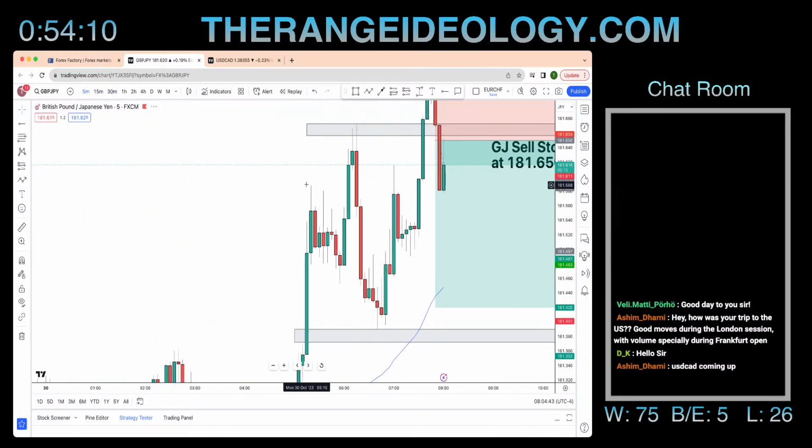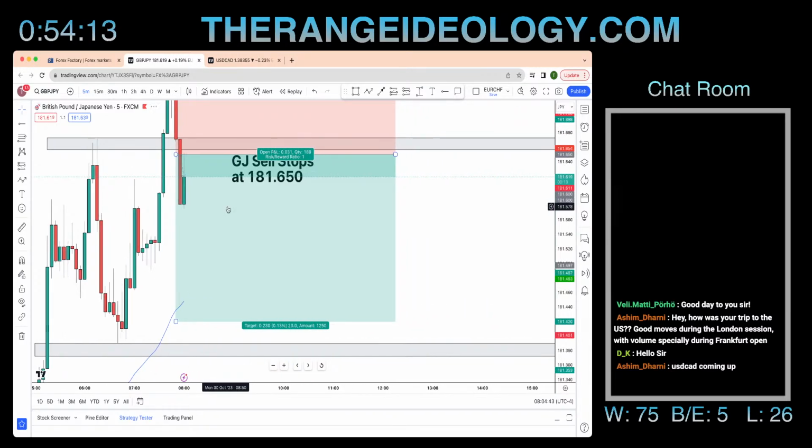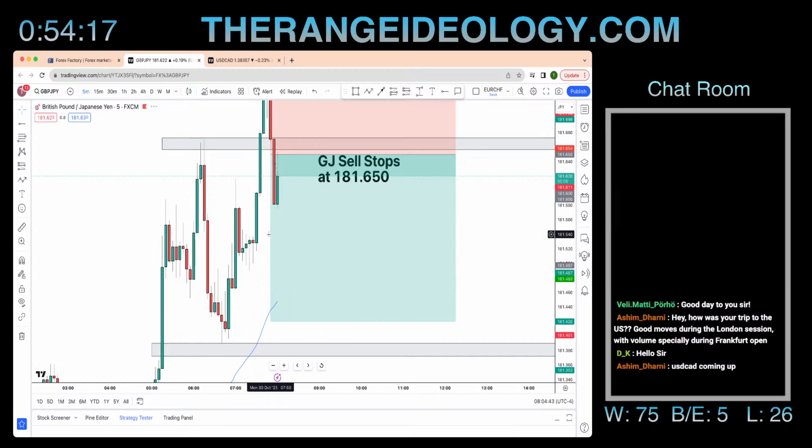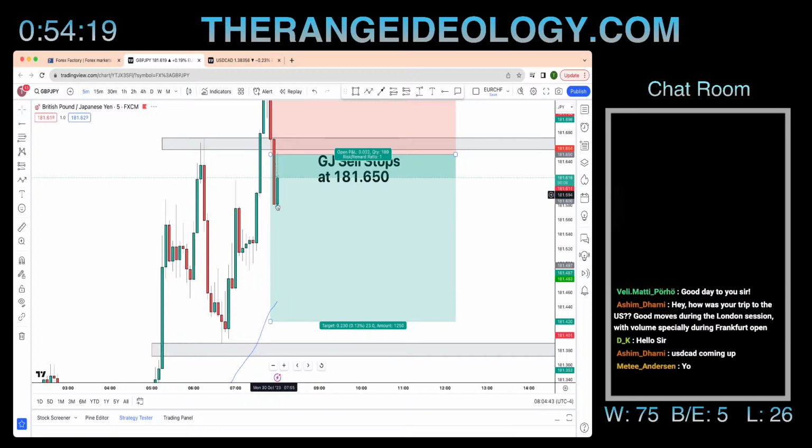Let's see. Need a strong bearish move on GJ here. That would really be a healthy setup here.